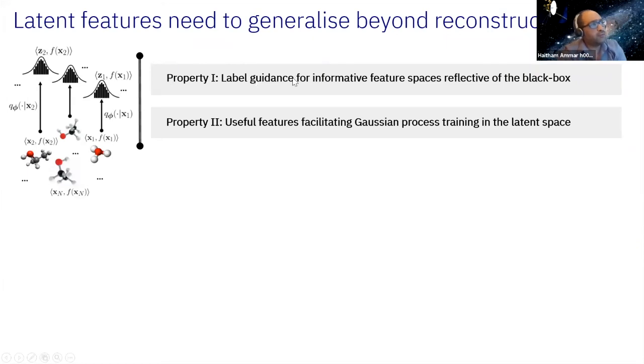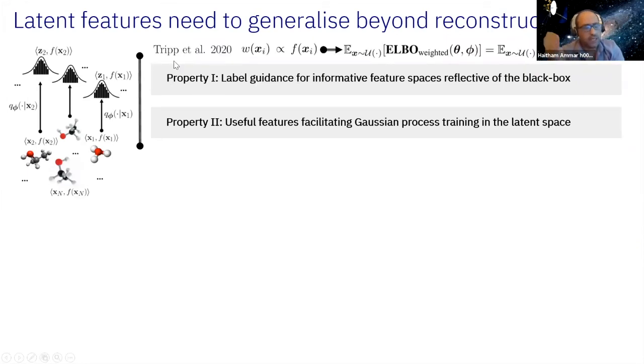So in order to solve the first property, what people have done, TRIP in 2020, they have simply introduced a very nice idea, and it's really simple. The idea was, let's take the VAE, and now let's weight the reconstruction error of the VAE by some weights that are dependent on the function value.